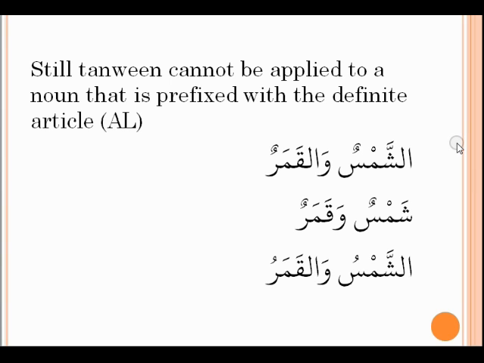So you either have one of them, you can't have both. Ash-shamsu wal-qamarun is incorrect. You either only apply the tanween, so it becomes shamsun wa qamarun, or you attach the definite article. Ash-shamsu wal-qamaru. So having both is incorrect, but only one of them should be applied one at a time.